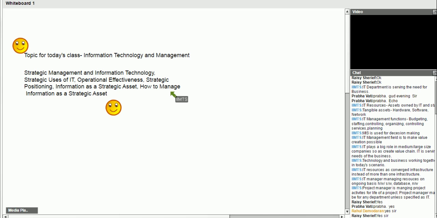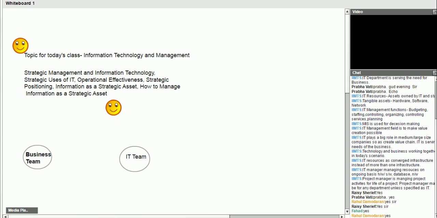So for the business analyst, I will draw some diagrams for you. Probably it will help you in understanding more. So this is your business team. Can you all see this diagram which I am drawing right now? This is your IT team.